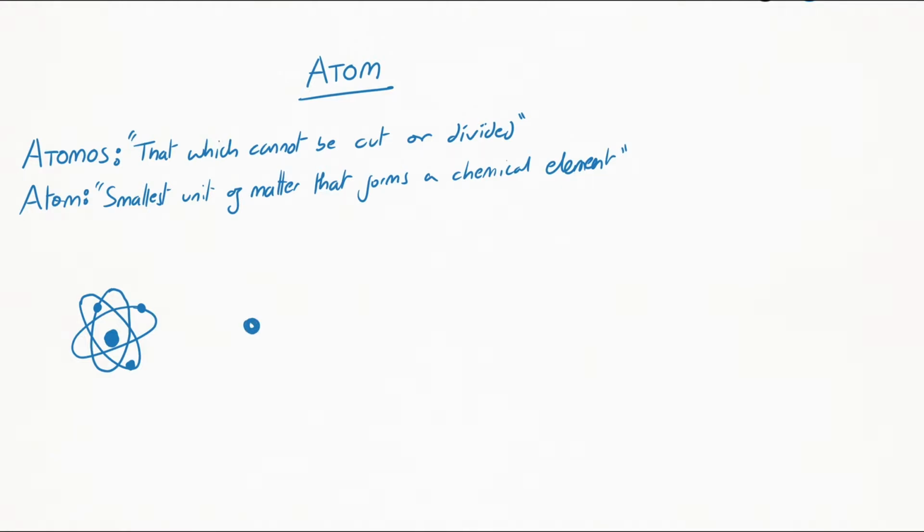If we think of a central nucleus here, you would see that the electrons don't actually carry set paths around the nucleus. What happens is they're actually located within orbitals, like this.